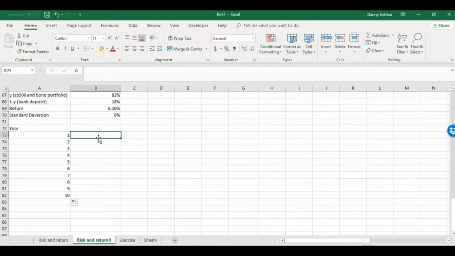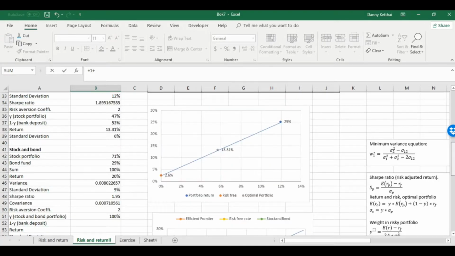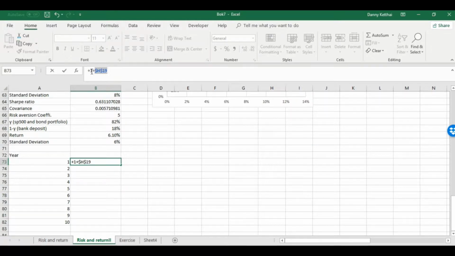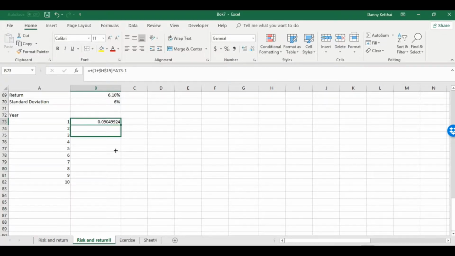To calculate the return for each year, you just take 1 plus the yearly return, put the bracket here, raise it by the year, minus 1, and just drag down the formula.